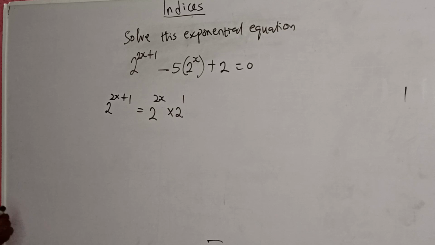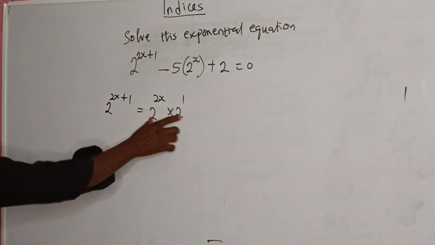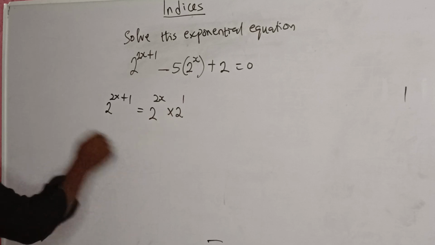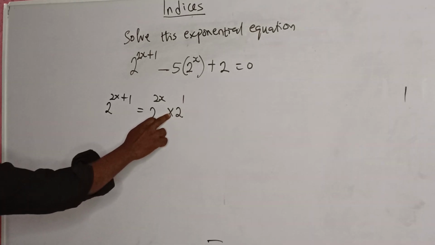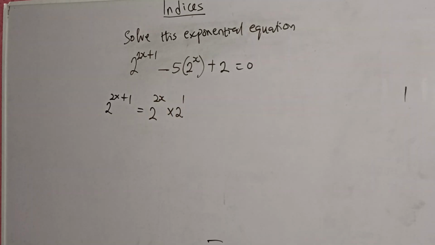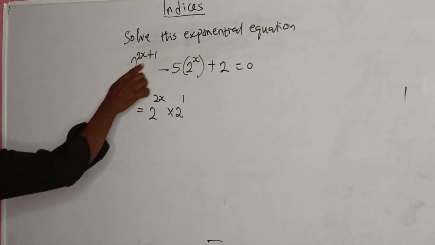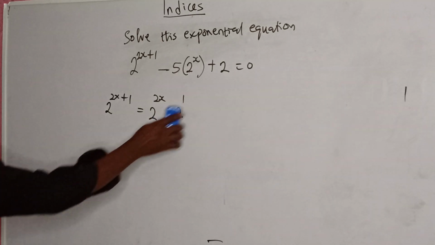Because when you have two index numbers that have the same base, and the sign connecting them is multiplication, you take one of the base and add up their powers. So this first one will be expressed like that.